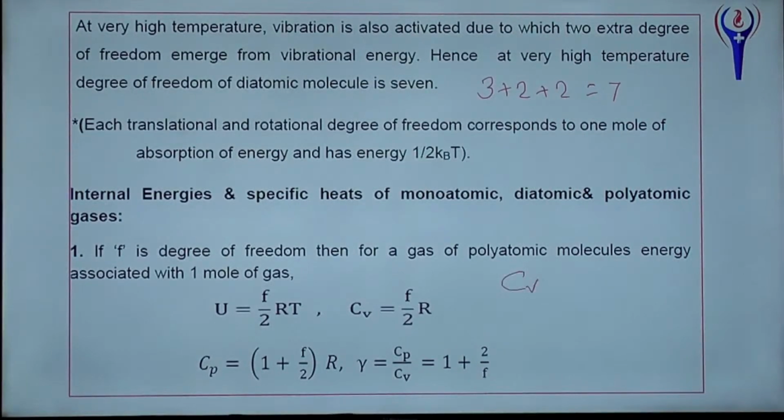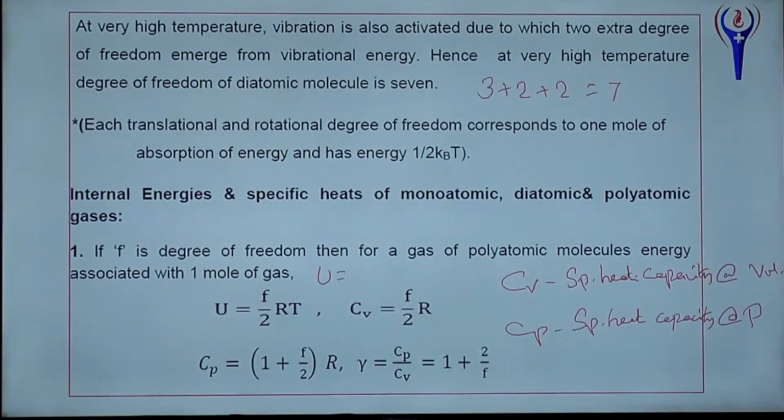Sorry, I mixed them up: Cv is at constant volume, and Cp is the specific heat capacity at constant pressure. And U equal to F by 2 RT.